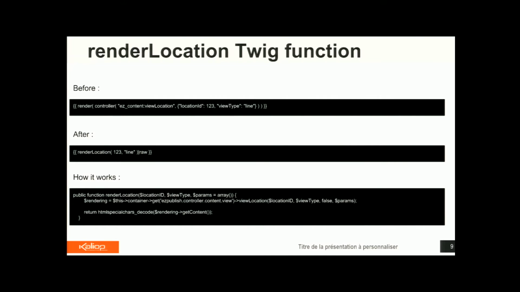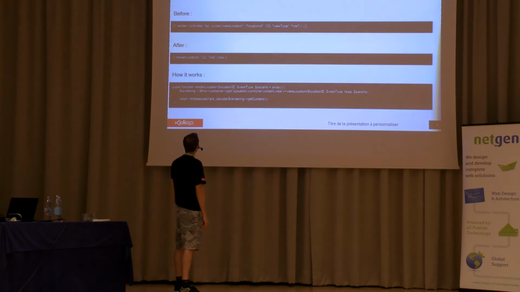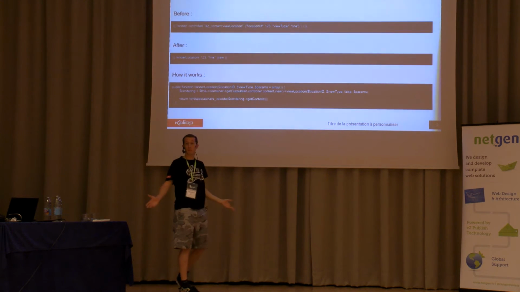So it's basically the same, you just use a Twig function instead of render controller. And this Twig function is just 2 lines of code. It's just calling the content view service's view location method and returns the rendering from this service.